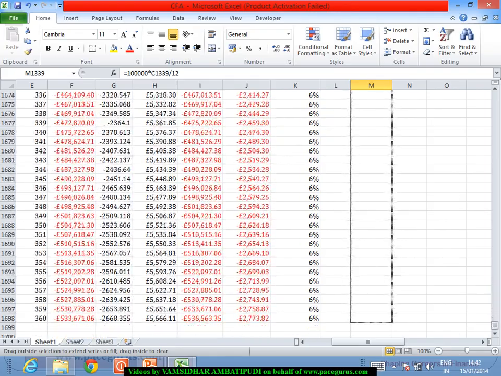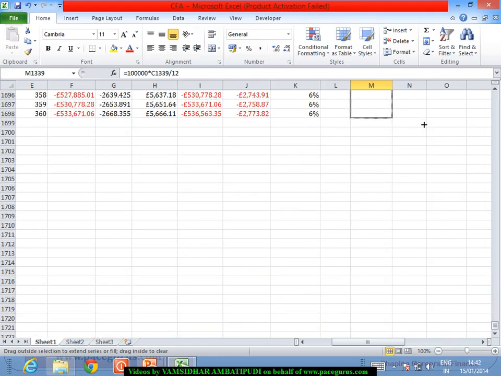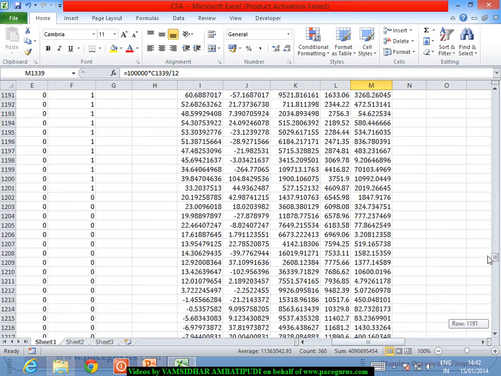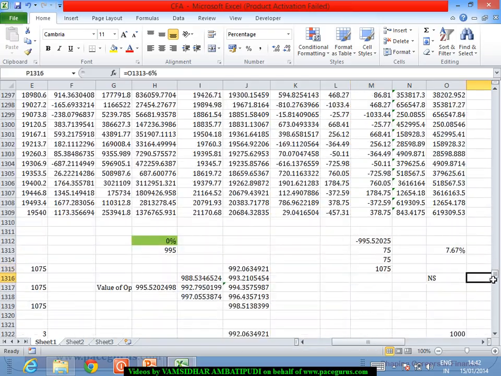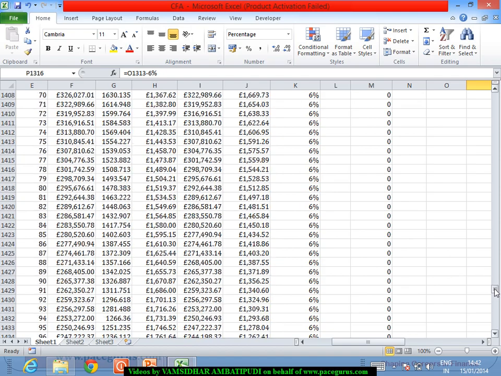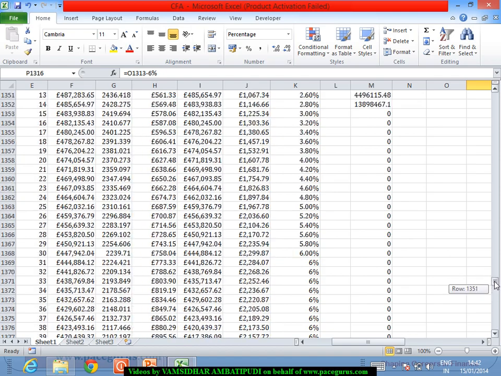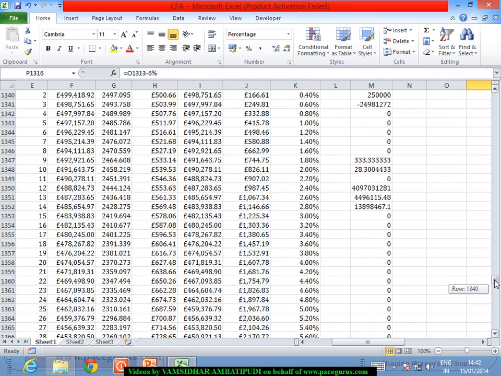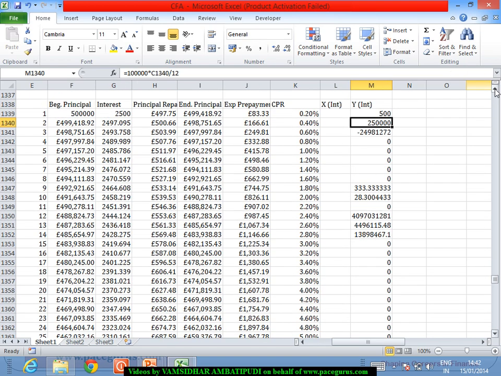We will see where he will not, but at least up to here the tranche Y will be receiving 500 as the interest. The tranche Y, okay, I have to take the dollar.